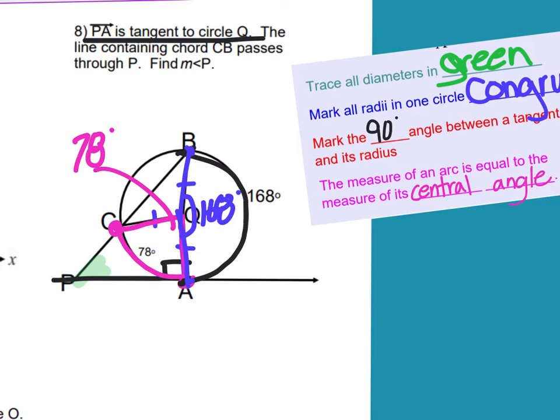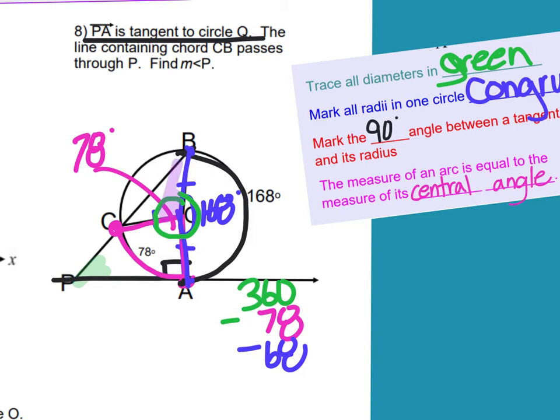So now let's look for this 360 degree. I know that 360 degrees minus the 78 minus the 168 will give me the value of this angle right here.